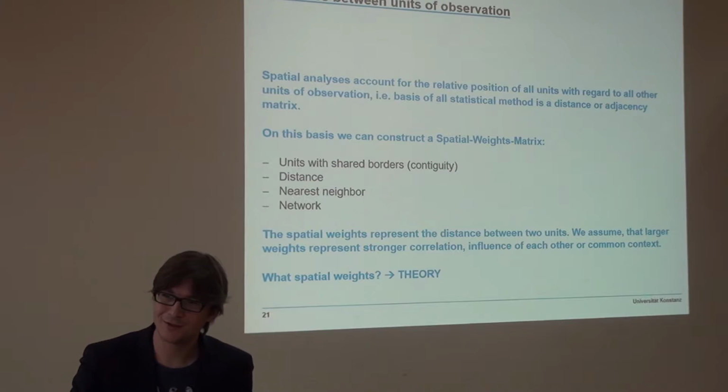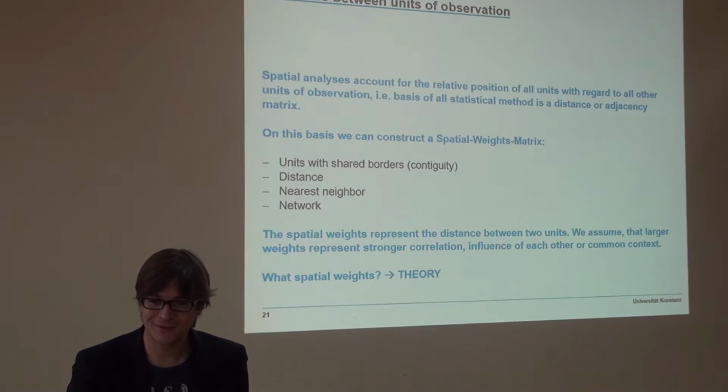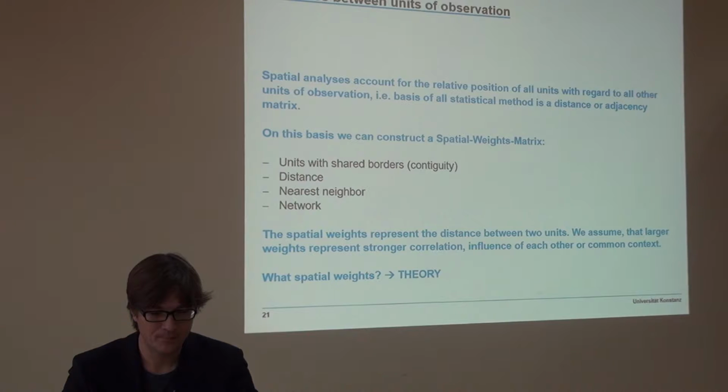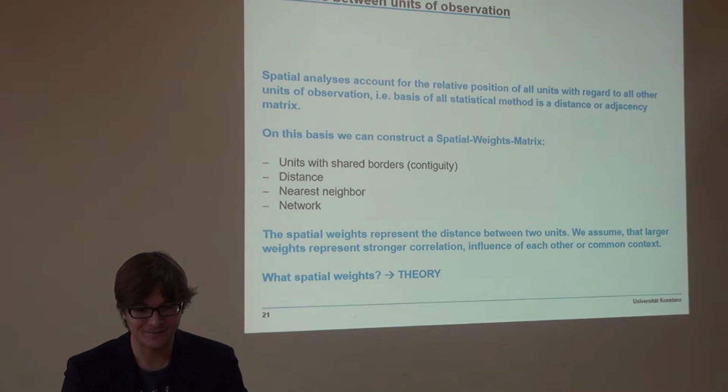You can construct a distance matrix out of this and use the distance matrix to have a spatial weights matrix. The spatial weights then represent the distance, however you measure the distance between two units. We assume that larger weights represent stronger correlation or influence of each other, or they represent a common context.